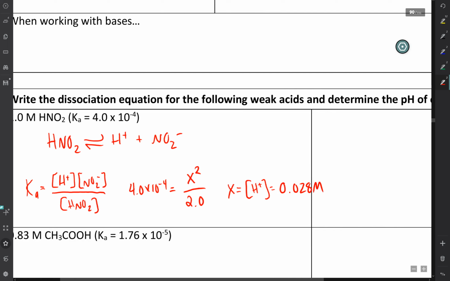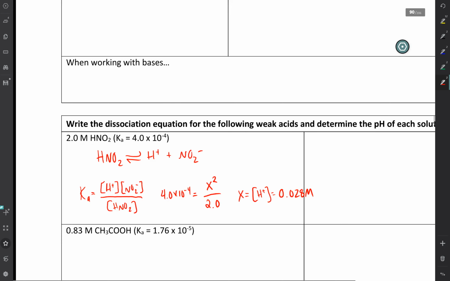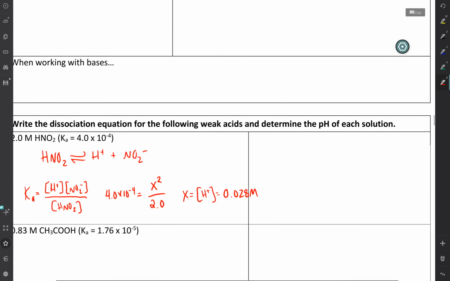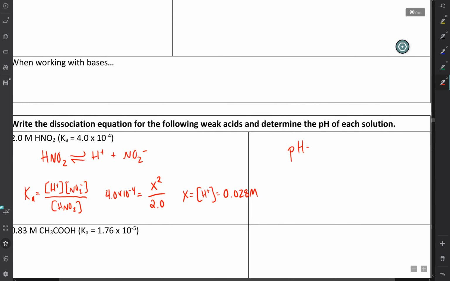Now that we know the H plus ion concentration, we're going to calculate pH the same way we have all lesson. We know that pH is equal to the negative log of the H plus ions. So pH is equal to negative log 0.028 molar. The pH of this solution should then be about 2.4.